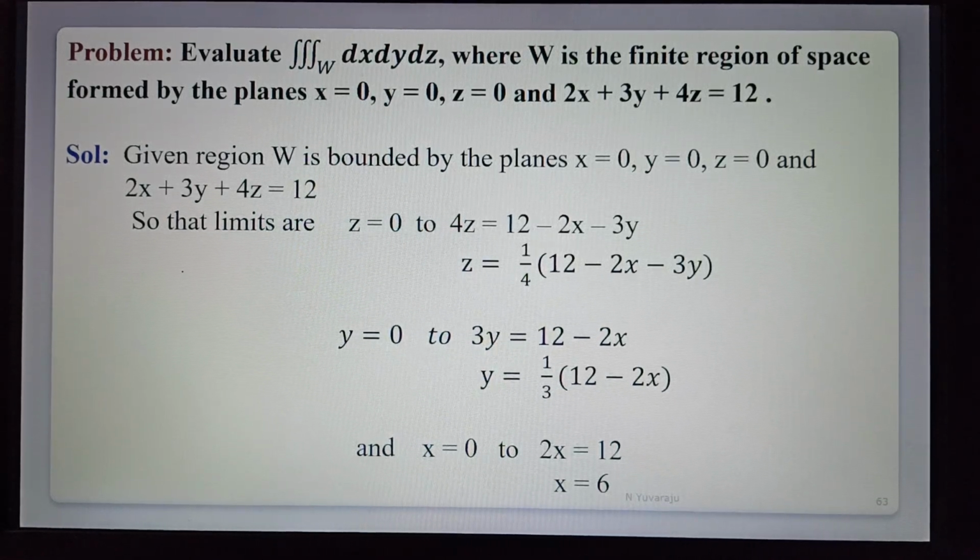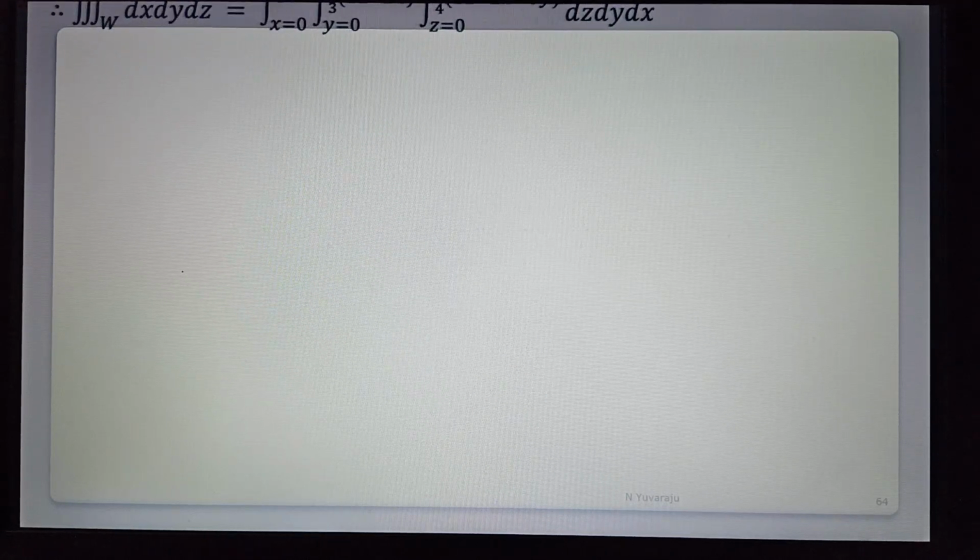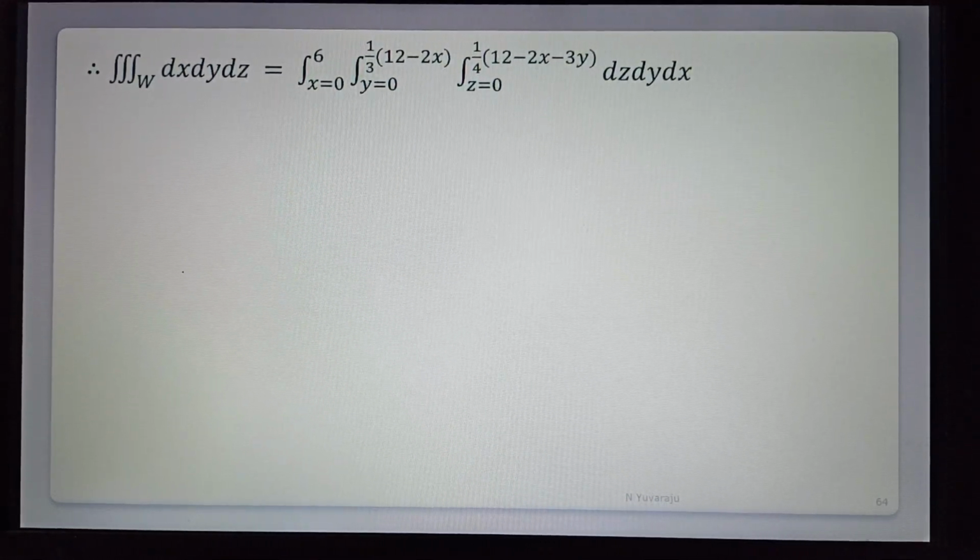Now finding the integration using these limits. So the integration over W of dx dy dz equals the integration x from 0 to 6, integration y from 0 to 1 by 3 into 12 minus 2x, integration z from 0 to 1 by 4 into 12 minus 2x minus 3y.